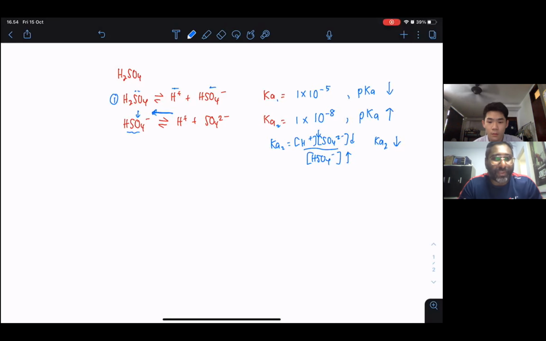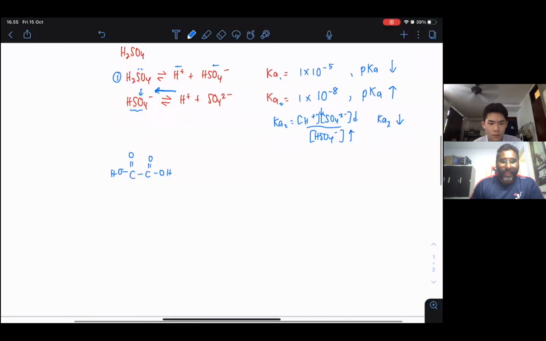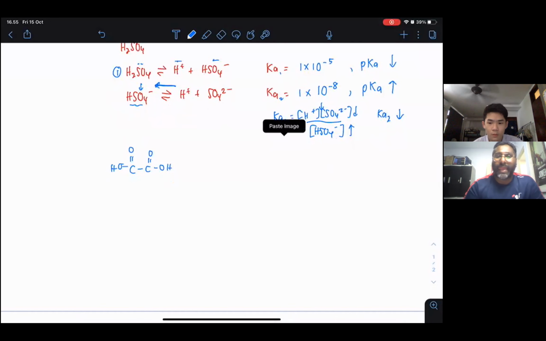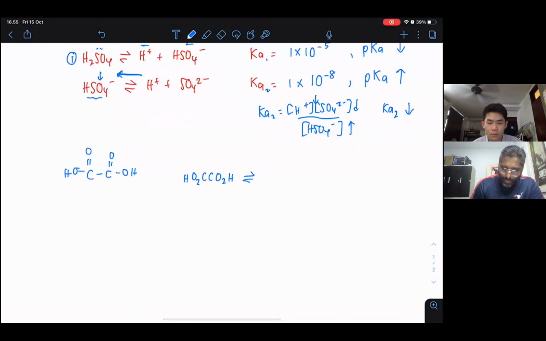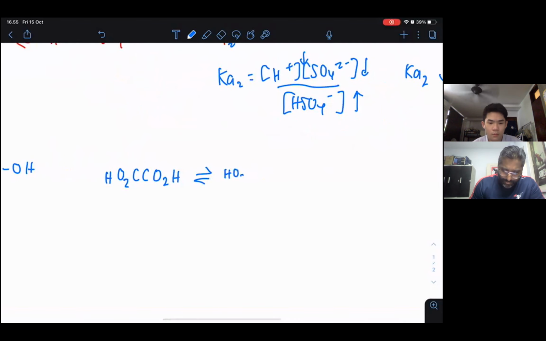If I put this in terms of what we have learned, ethanedioic acid, if you put this in this form, we know that it has 2 Ka. When you have HO2C-CO2H, one of the H will be gone, so you have HO2C-CO2- plus H+.